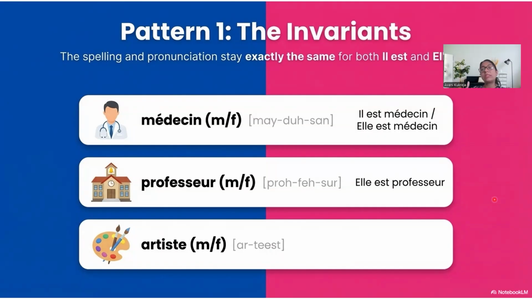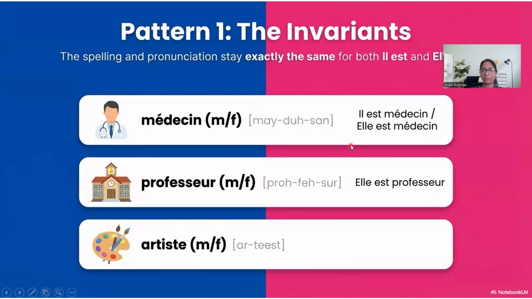Now coming to French. In the French language, certain professions will have both masculine and feminine forms. For certain others, the form remains the same, irrespective of masculine or feminine. For example, doctor in French is médecin. Everyone repeat with me.